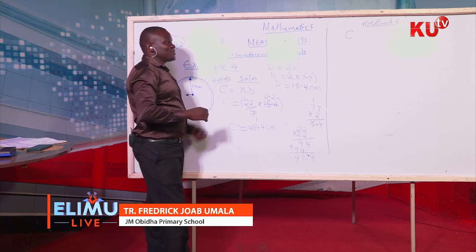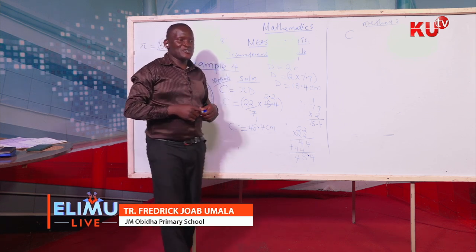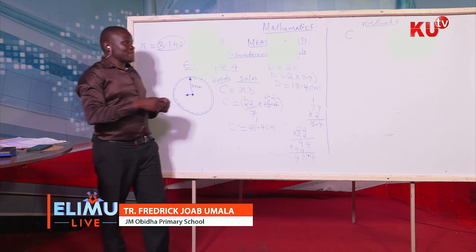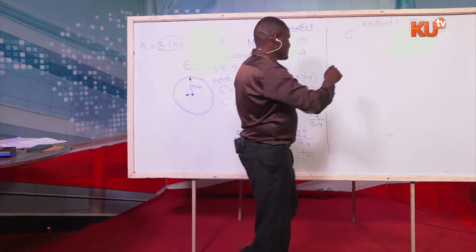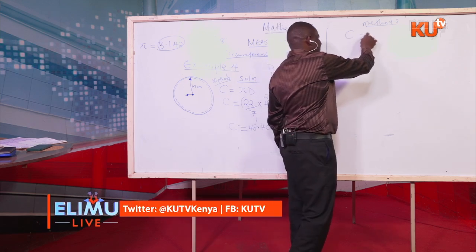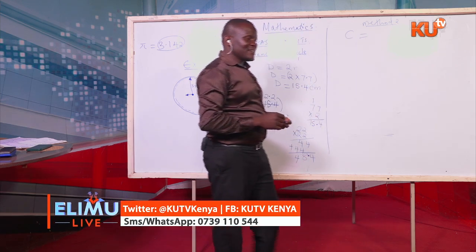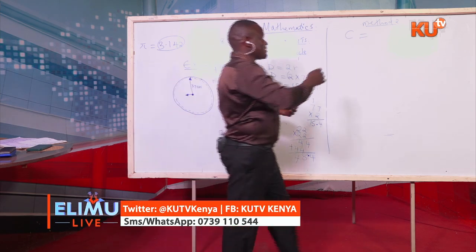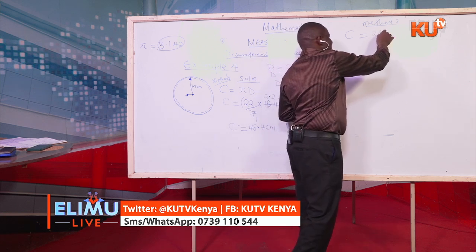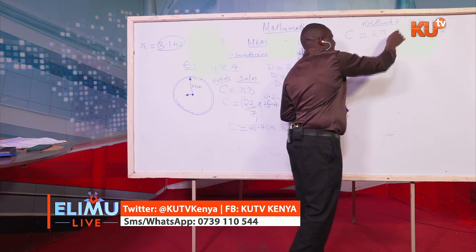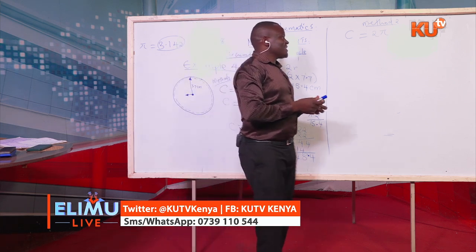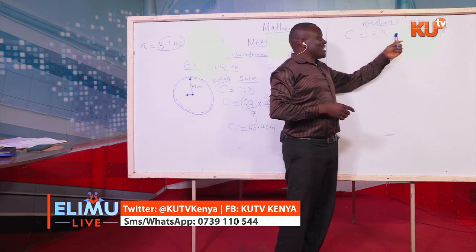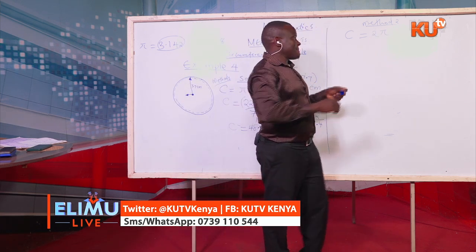In method 2, we are now going to use the radius, and therefore we are going to say that circumference will be equal to 2 pi r.